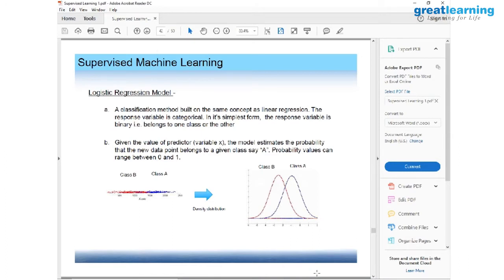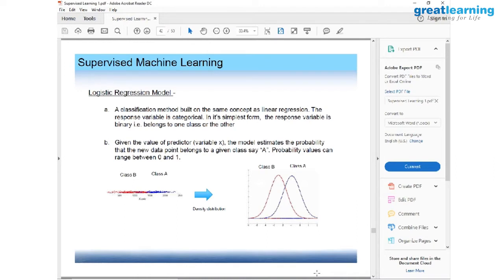This is a mistake. On the other hand, you have a green point here. You know he's a good guy. He's paid back his loan, but what your model is saying is he's likely to be a defaulter. Again, it's making a mistake here. These two are mistakes.